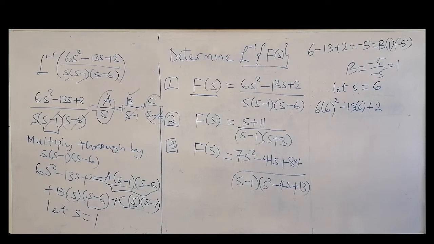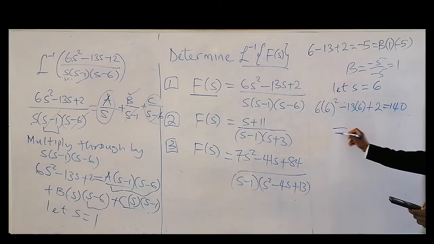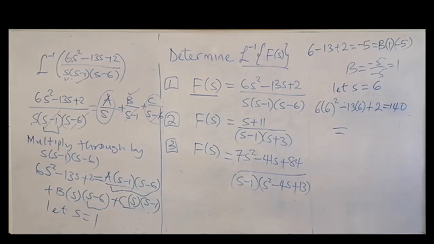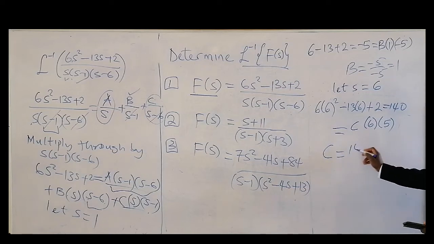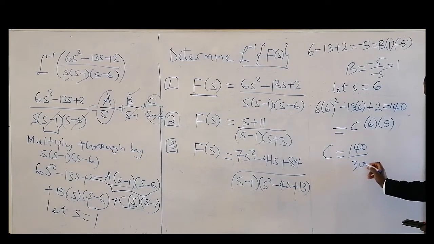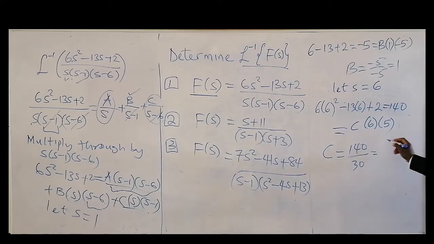That will be equal to 140. On the right hand side, we have c into brackets 6 times 6, times 5. So c is equal to 140 over 30, that's 14 over 3.